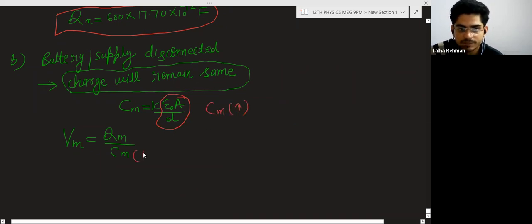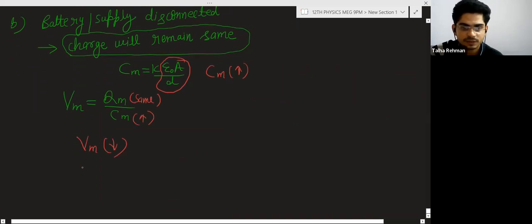If Cm increases, and the charge is the same, then what would happen? Potential will decrease.